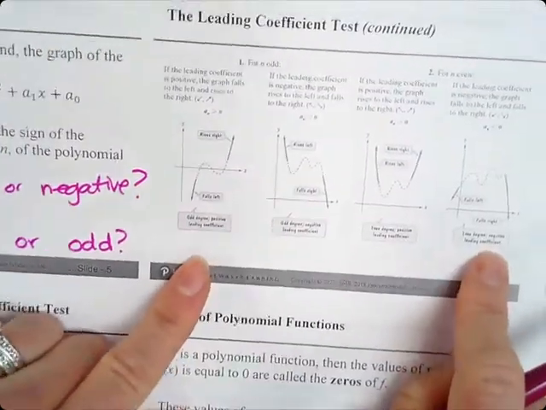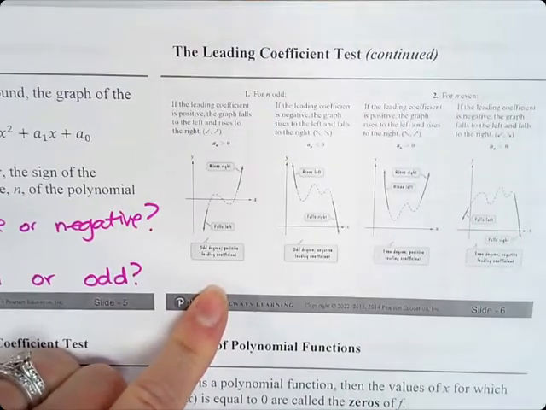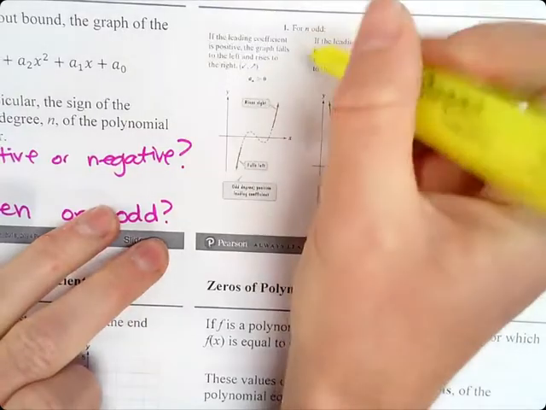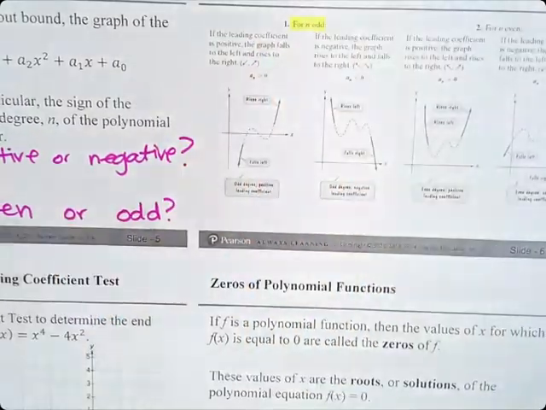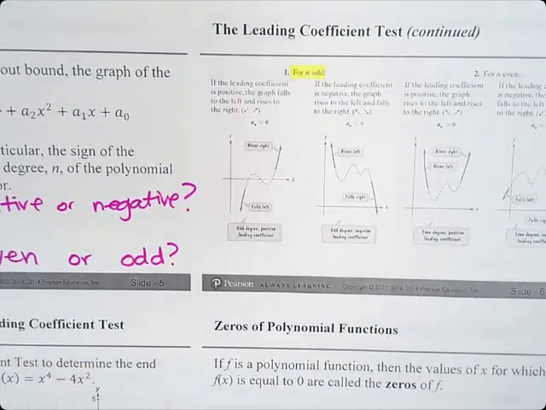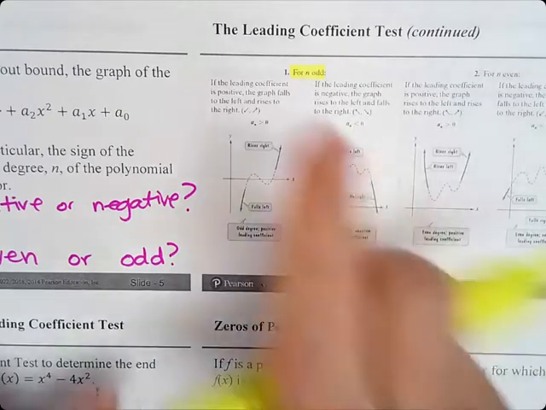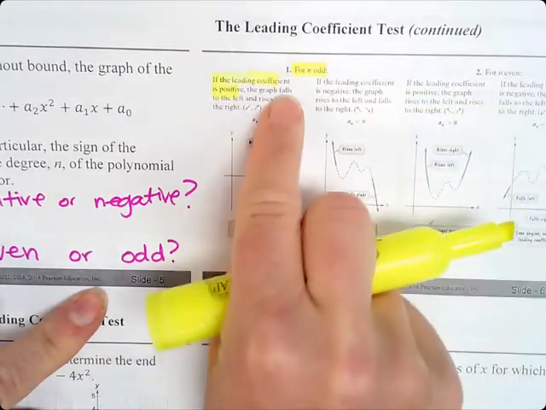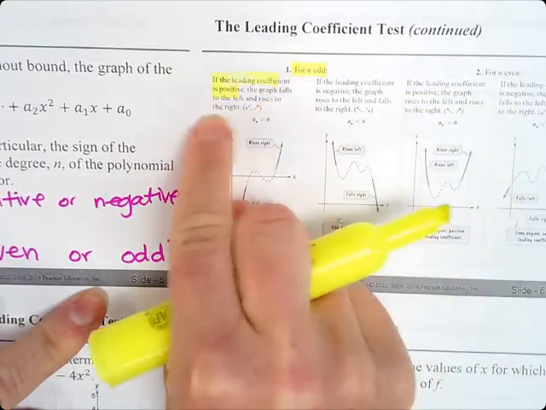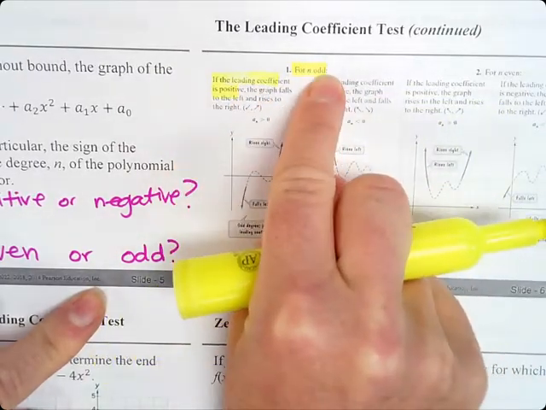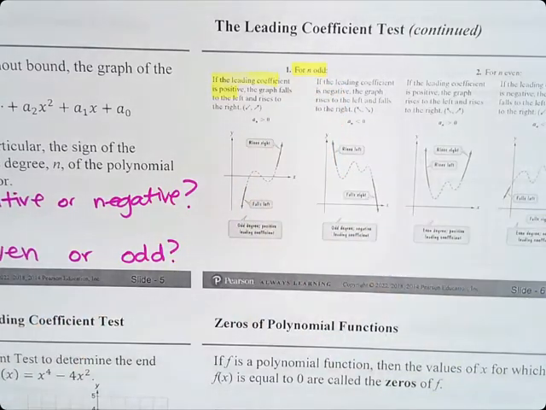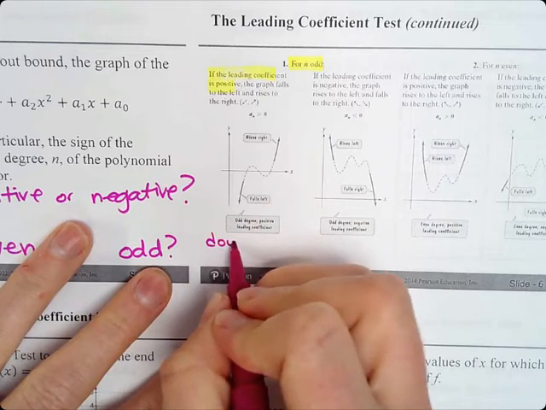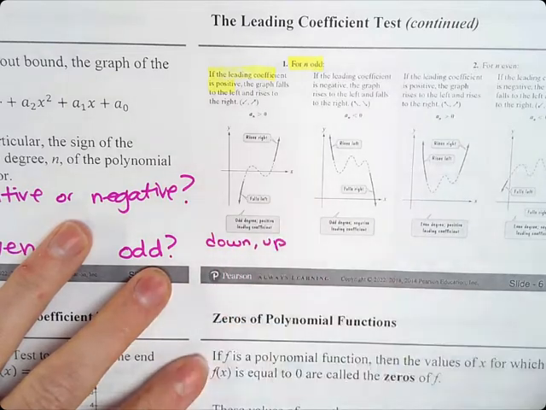Okay, so these are examples of how the end behavior is going to be. So this is if n is odd, if the leading coefficient is positive, then it's going to fall to the left and rise to the right for odd. So this is considered a down-up end behavior.